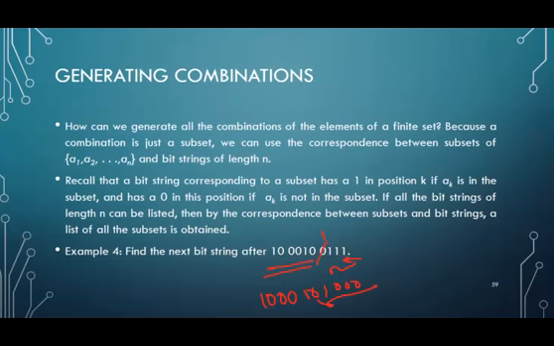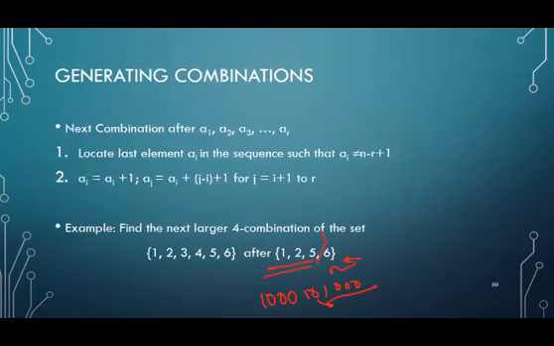And lastly, with respect to the same combinations topic, if we want to find the next larger 4 combination, what we have studied with permutations is the same, but here we are taking the subset. So after 1, 2, 5, 6, what can be the next larger 4 combination? We can have 5, 6 is done.